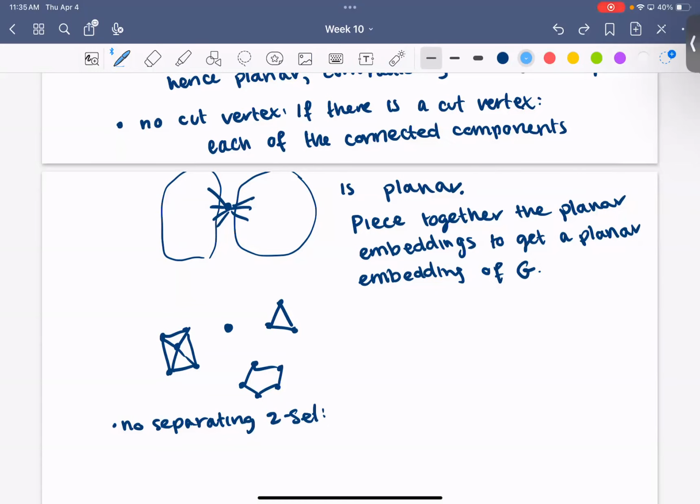Just look at the book really quick. The central vertex in a square, and you move the central vertex outside the square, then move all the edges. Wait. Oh, I see what you're saying. I just drew this badly. Okay, wait, what was the graph I had?